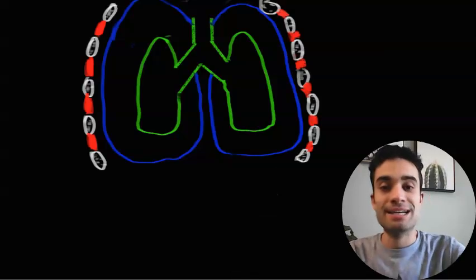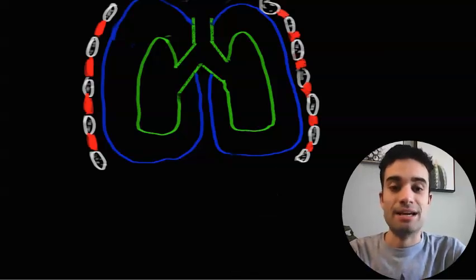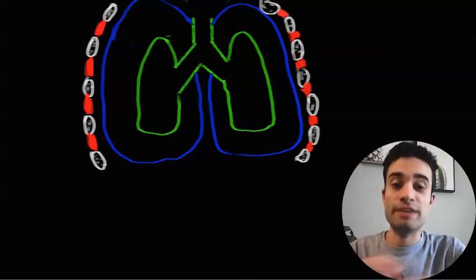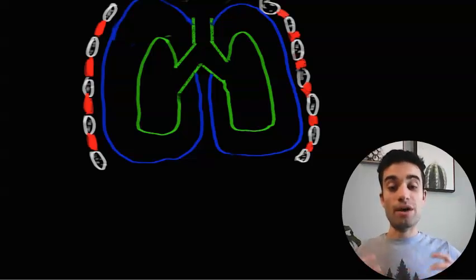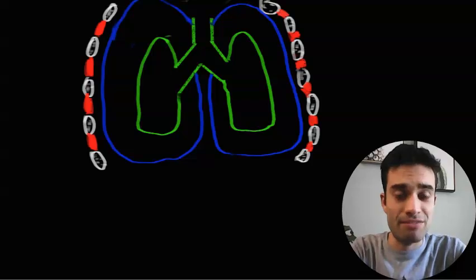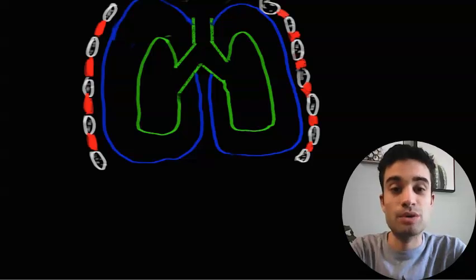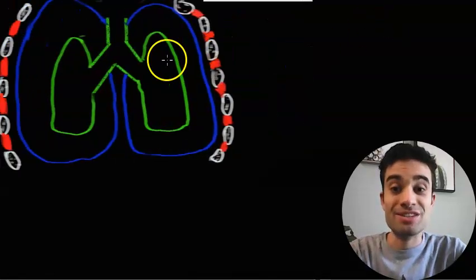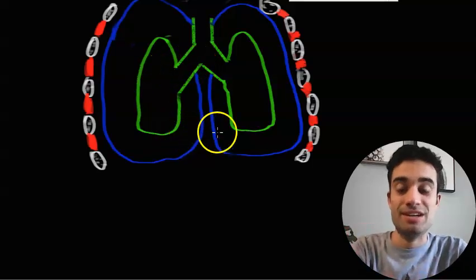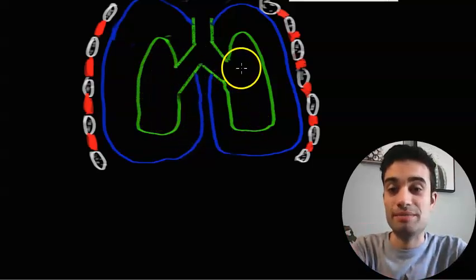The thoracic cavity contains the lungs. So in this video, I'd like to discuss more about the structure of the lungs. The lungs have this component in green, which is known as the visceral pleura. These structures in green are the lungs.